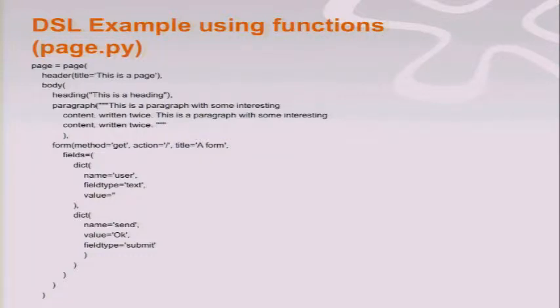So there is a file called page.py which tries to import stuff. I believe the example tries to import everything from page renderer and then run this. So I would like you to make that work and generate a valid web page with a header, a body, a paragraph, a form which you can send a username.